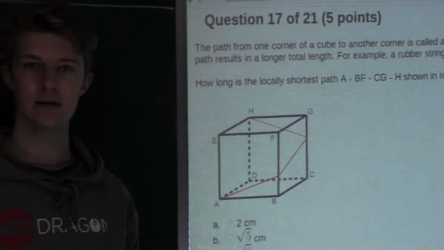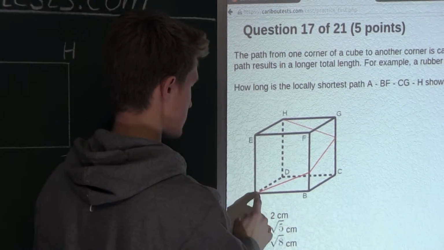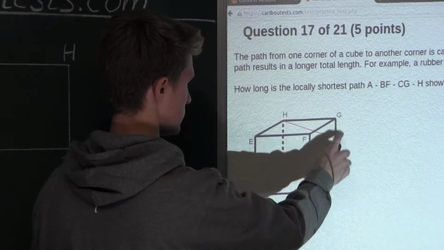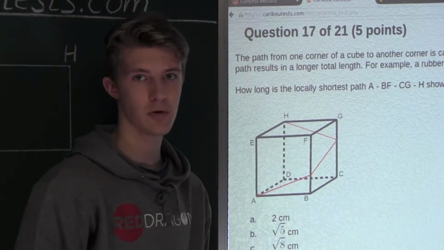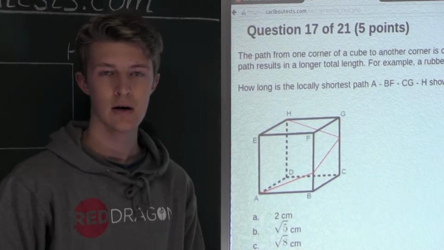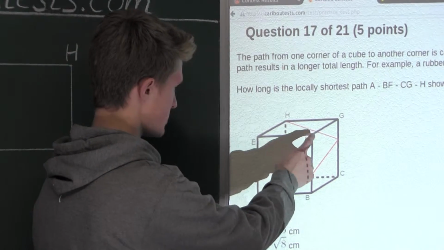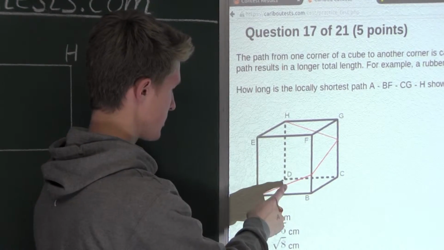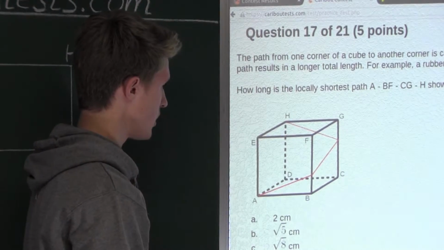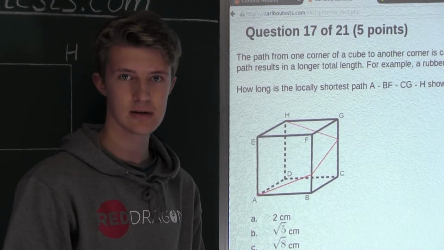So what we want to find out is the length of this red line, which we can see continues from the point A, crossing two lines and ending at point H. So starting at A, ending at H. Now what we need to realize is that if we unravel this cube's three sides, which are the three sides with the red line on it, then the length of the line would still be the same.